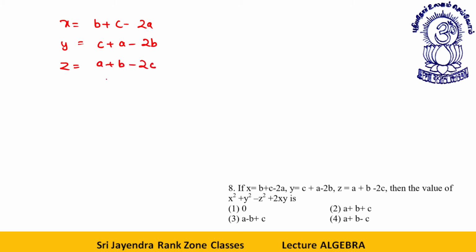Then find the value of x square plus y square minus z square plus 2xy. It is actually easy to do.